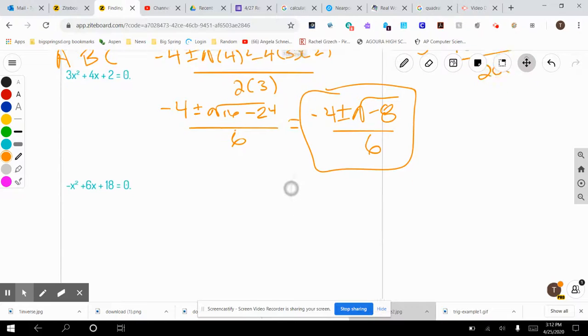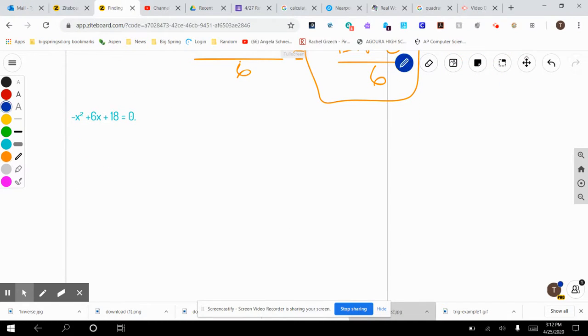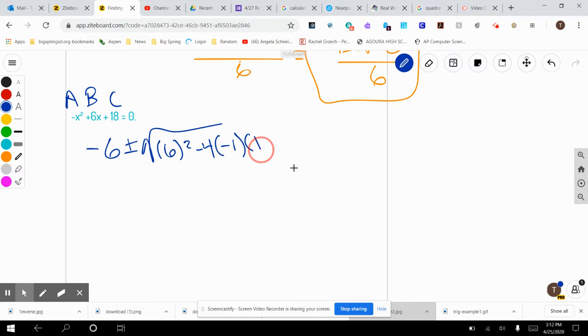If we look at the second one here, I go down, I have my A, my B, and my C. So it's the opposite of B, plus or minus the square root of B squared minus 4 times A, which is negative 1 when there's nothing there, times C, which is 18, all over 2 times negative 1.